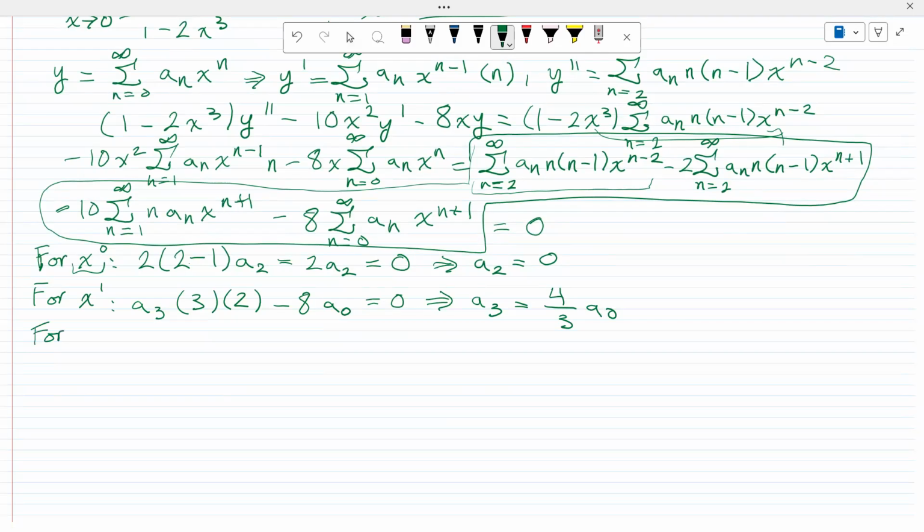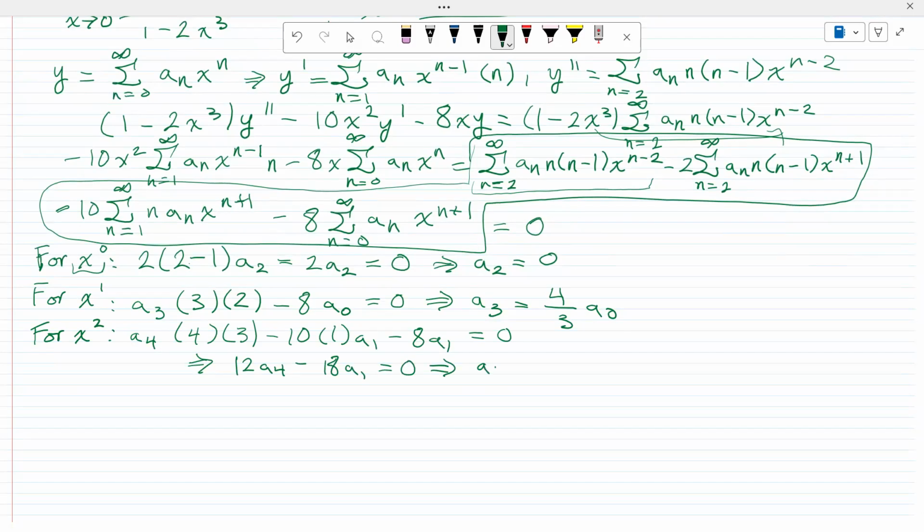And then for x squared, we get a4 times 4 times 3 minus 10 times 1a1 minus 8a1 is equal to 0. So that would imply that 12a4 minus 18a1 is equal to 0, which of course implies that a4 is equal to 3 over 2a1.